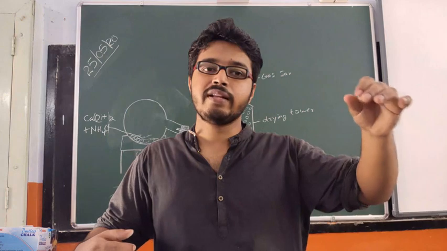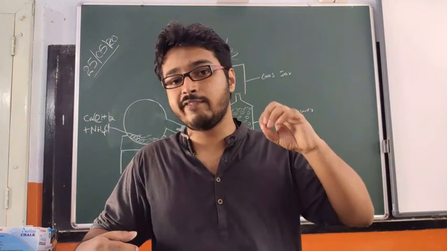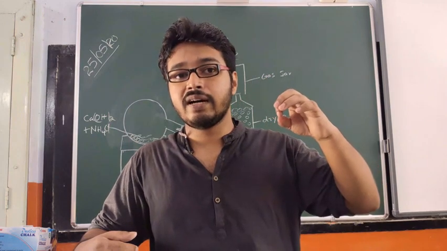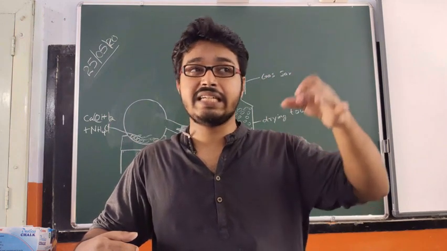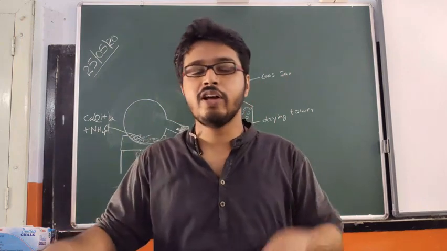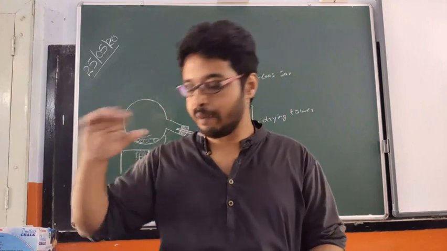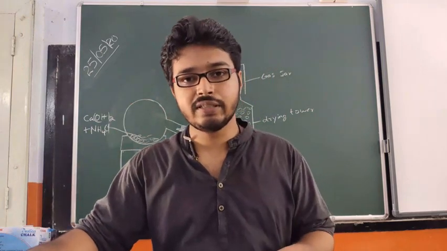At a certain point, it won't be a gas anymore because the intermolecular space between them will be too less. That cannot be compared to a gas. So it can be liquefied at a particular point. Just like that, ammonia can be liquefied at a particular temperature and pressure.